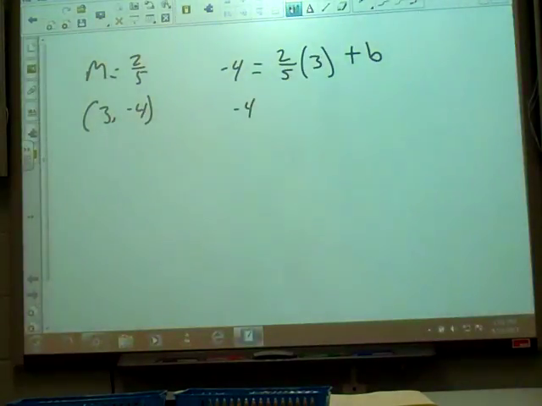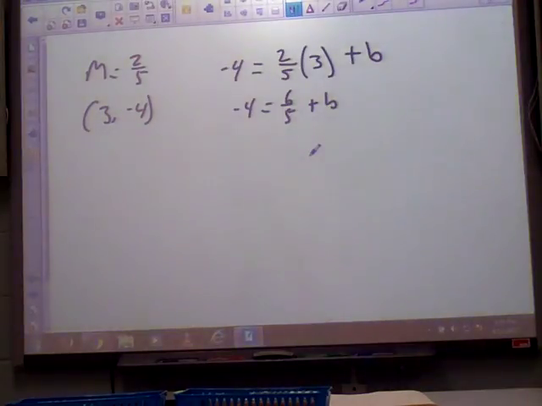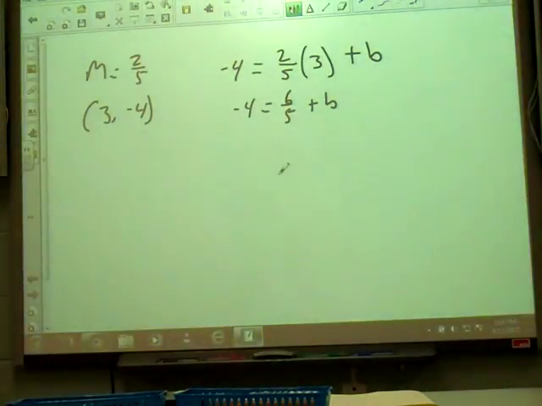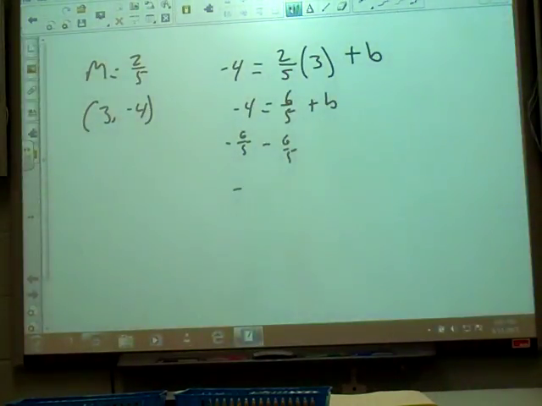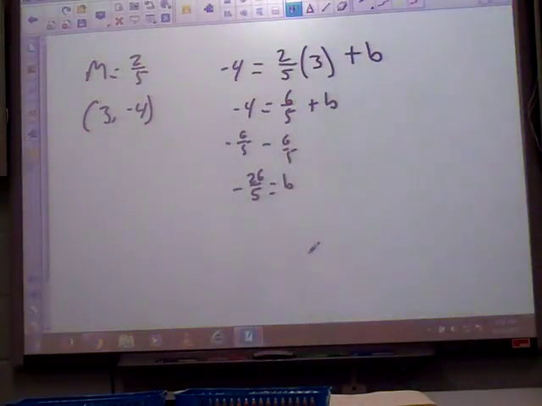So negative 4 would equal 6/5 plus b. What would we do to get the b all by itself? Get the numbers on the other side. Subtract 6/5. Good job, Baylor. So I think that's negative 20 minus, that's the same thing again, Caleb, negative 26/5 equals b.